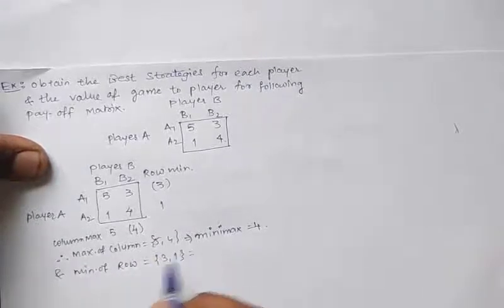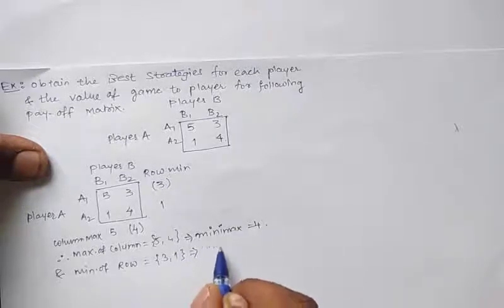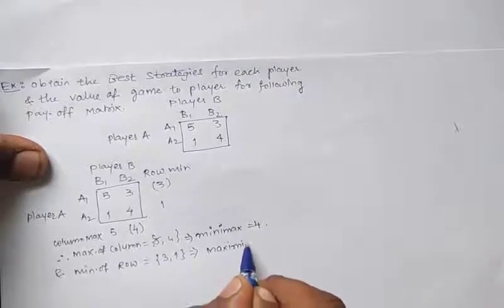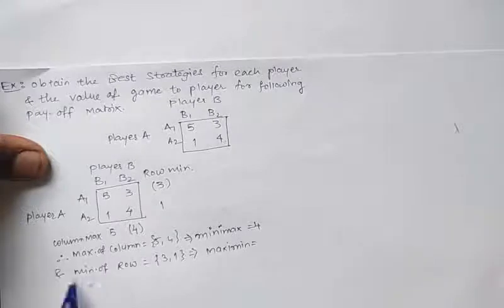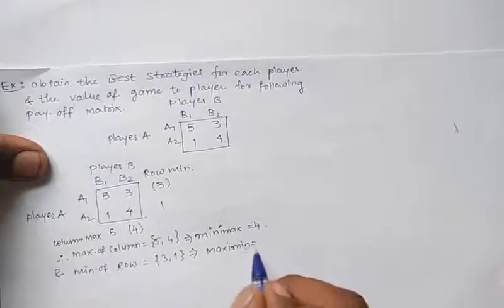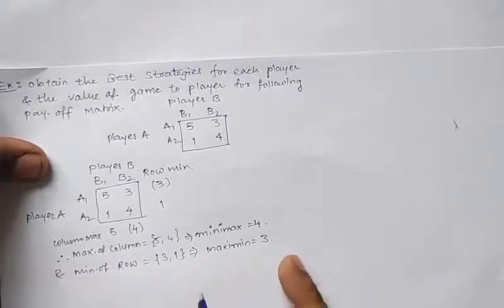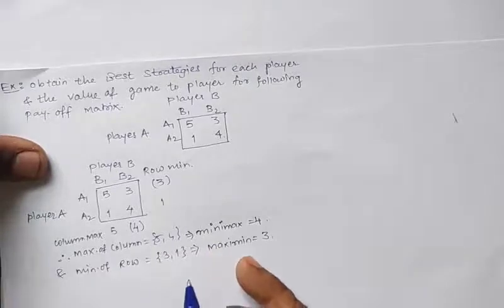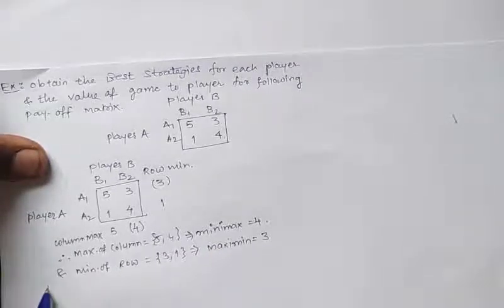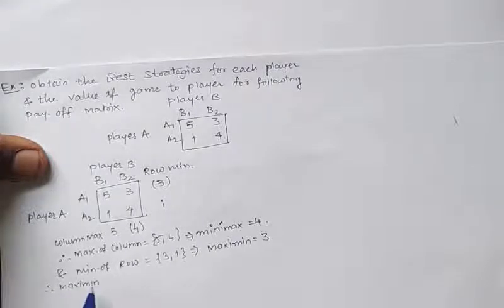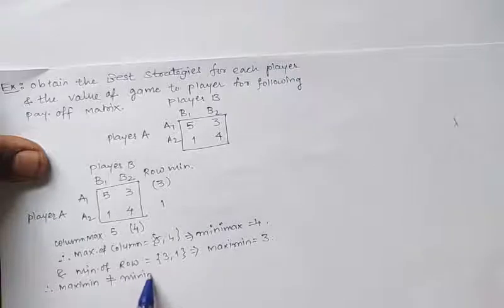Among that, the maximin value, the maximum of these minimum values, is 3. Therefore the maximin value is not equal to the minimax value.